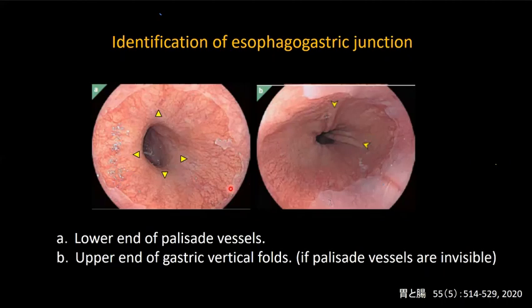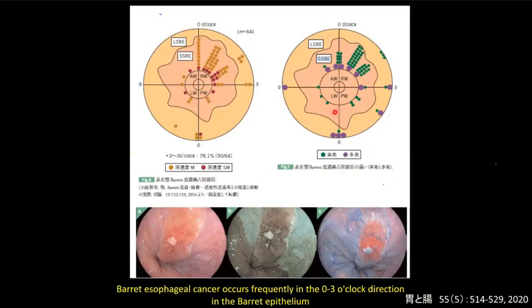Whenever you do this, control the air and try your best to find the palisading vessels. Other than that, please find the gastric folds. And then think about those kinds of lesions; especially the right wall is a more cancerous area.